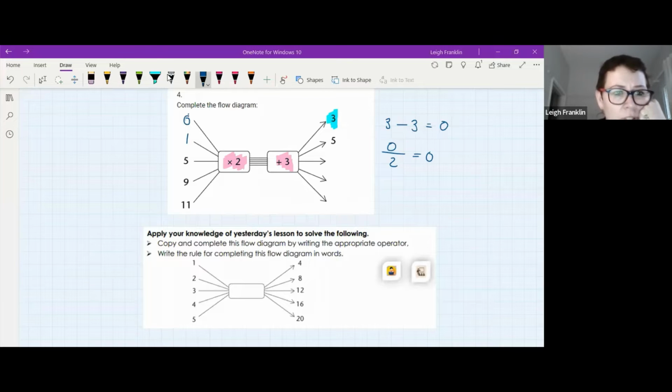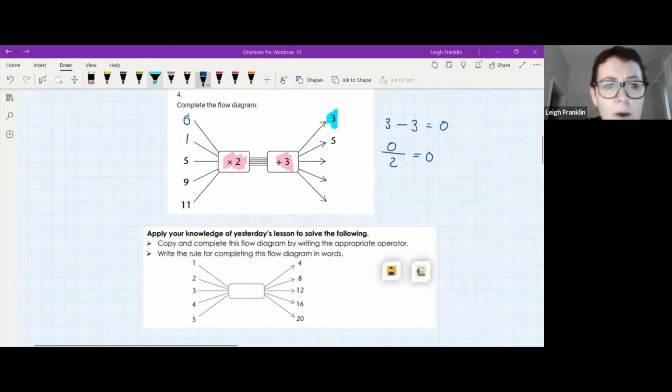Now I'm going to ask Jaden, when 5 goes in, what number comes out, Jaden? You put your hand up, Jaden, so I presume that you knew what we were doing here.